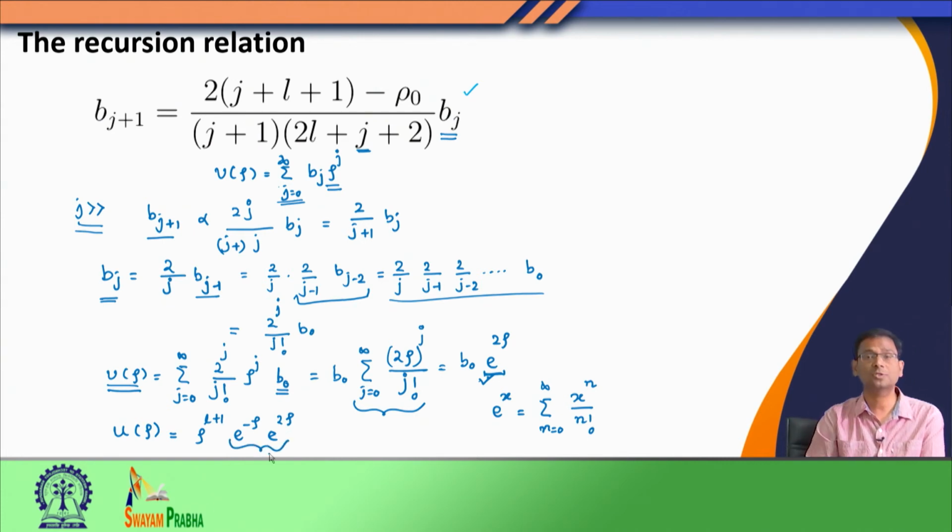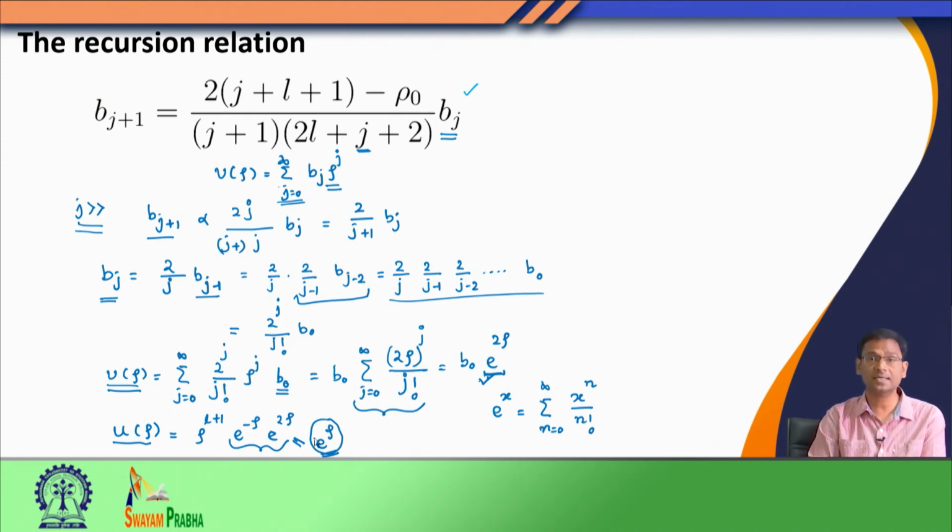When I multiply these two terms, I get a term e to the power rho, and I have a problem with this type of term, because if you remember, when we were discussing the asymptotic solution of u of rho for large value of r, we saw that e to the power plus rho type of terms would diverge, and therefore, we cannot have this kind of term in our wave function.